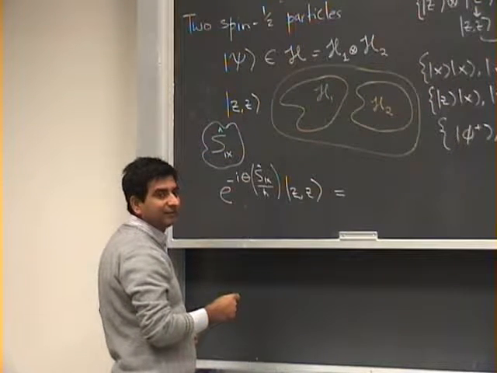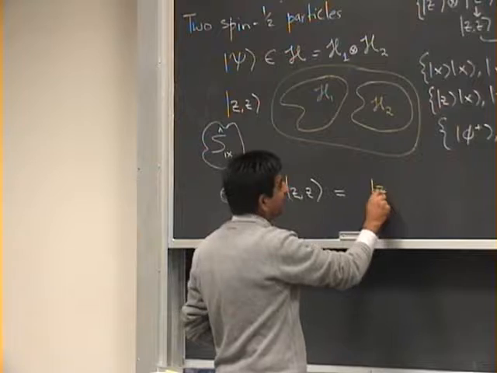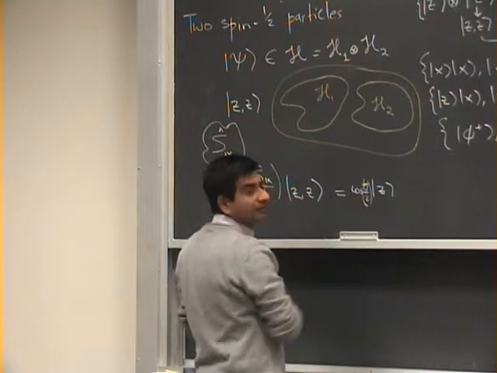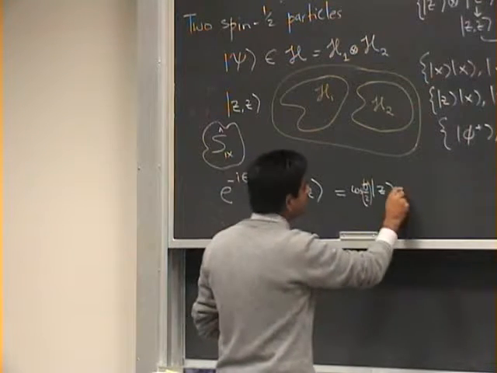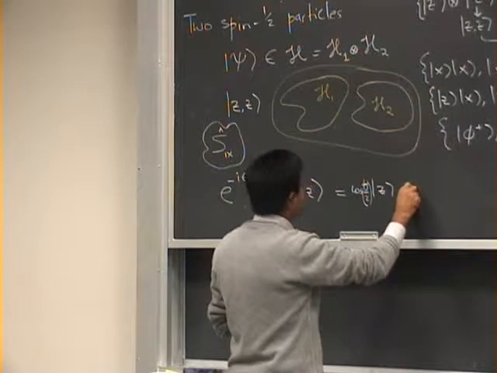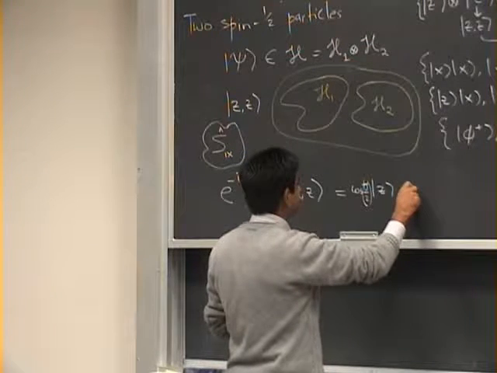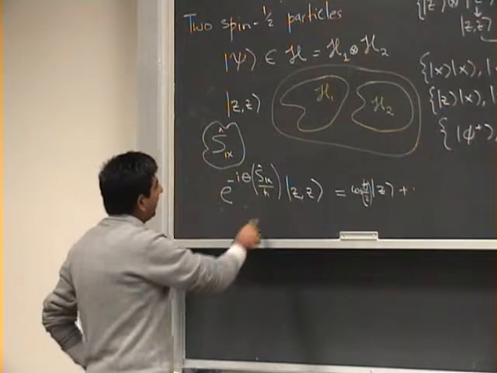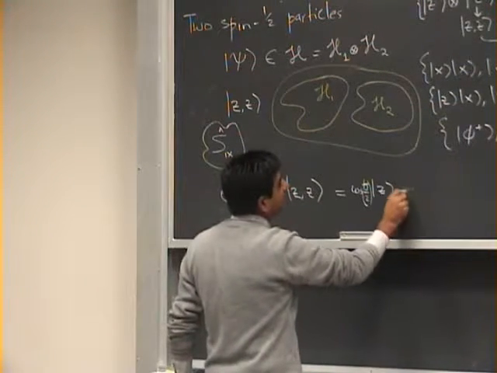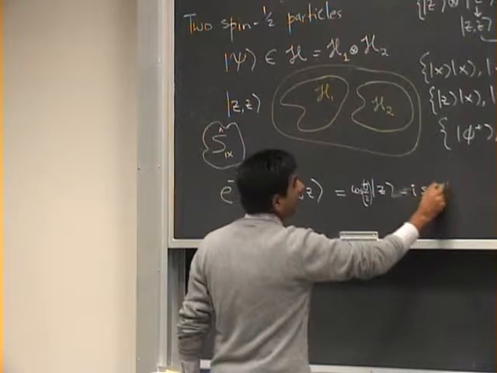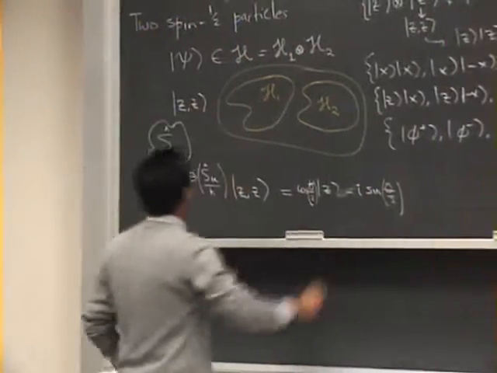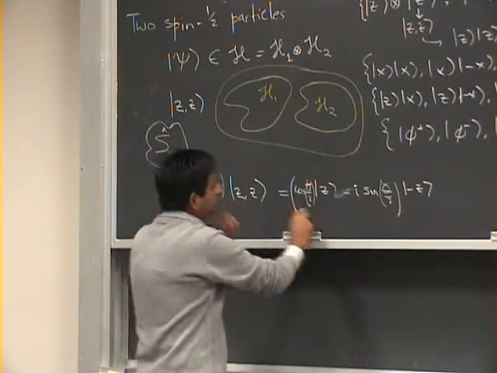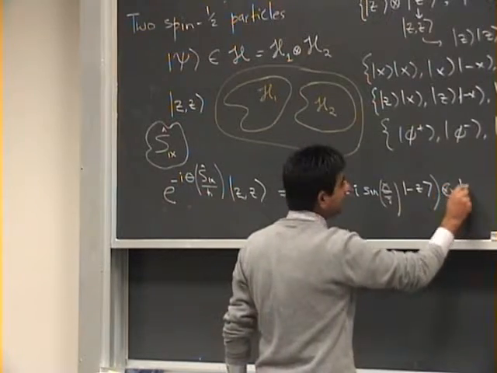So when it is rotated through an angle theta, what do we get? We get cosine of theta by 2 times |z⟩, plus, so cosine theta by 2 identity minus i sine of theta by 2 times |−z⟩, right? Direct product with |z⟩.